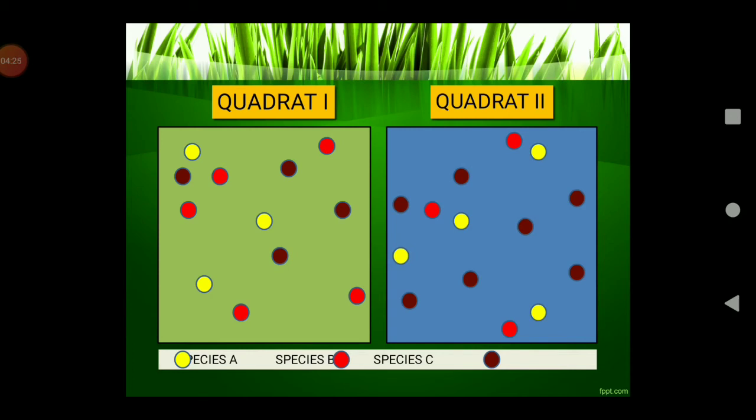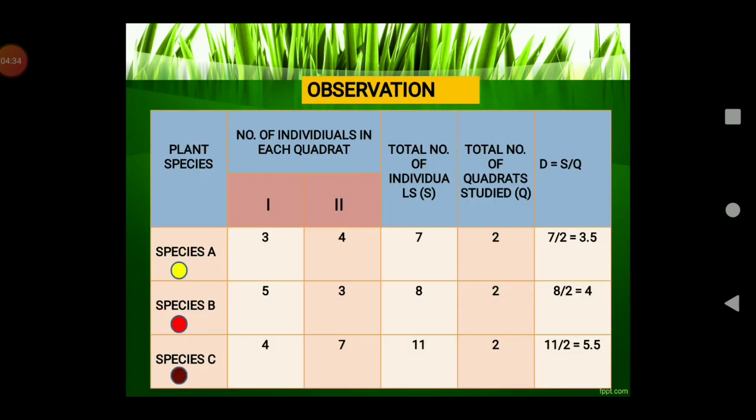So in this way, we are going to count the number of species in both the areas, that means in both the quadrats, and it is tabulated here in this way. So plant species A, B, C, in quadrat 1, in quadrat 2, how many individuals are present? Total number of individuals, for example species A, is present in quadrat 1 and 2.